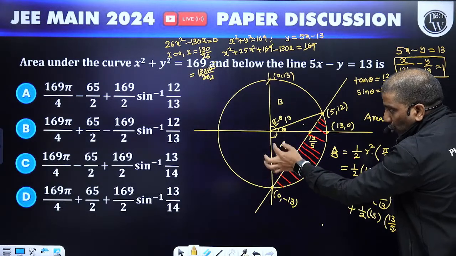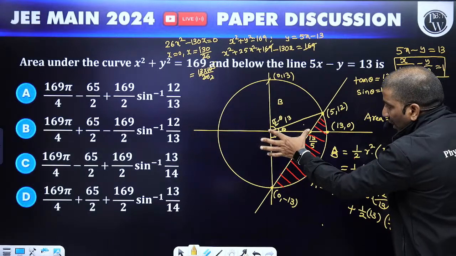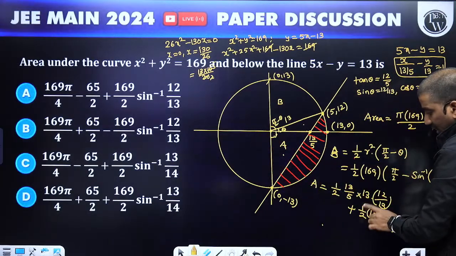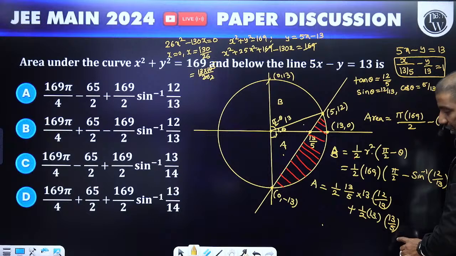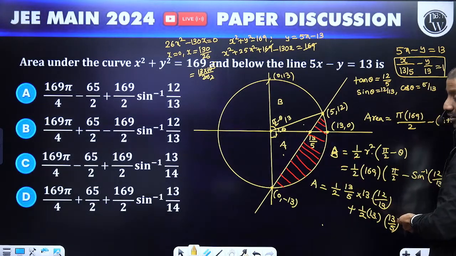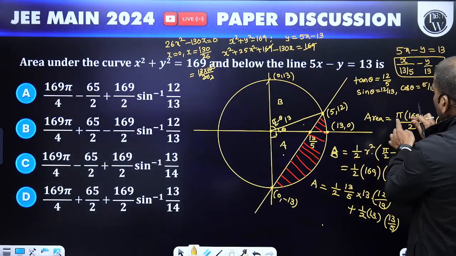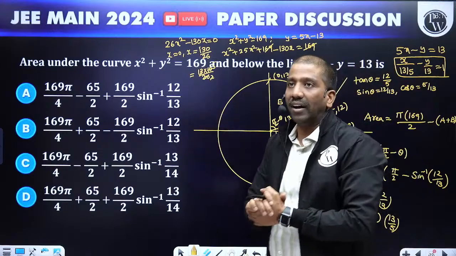Next, the lower triangle is a right angle triangle. One length is 13 by 5, the other length is 13. Since it is a right angle triangle, sine theta is 1, so half AB. So this is A and this is B. Add these two, subtract from here, you will get the answer.